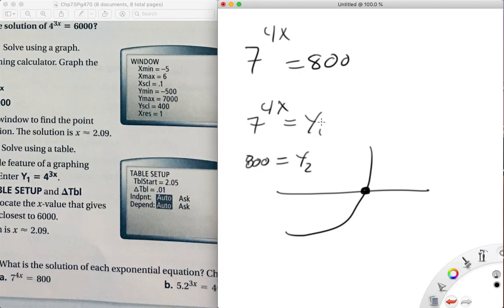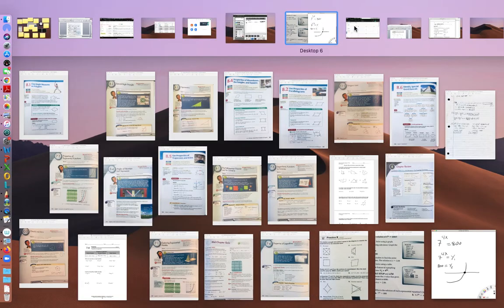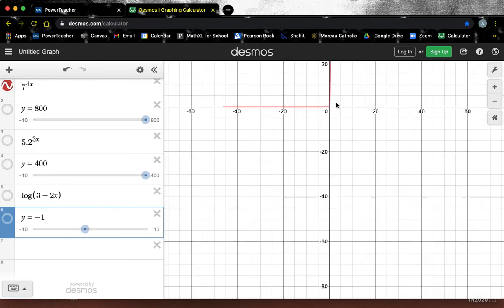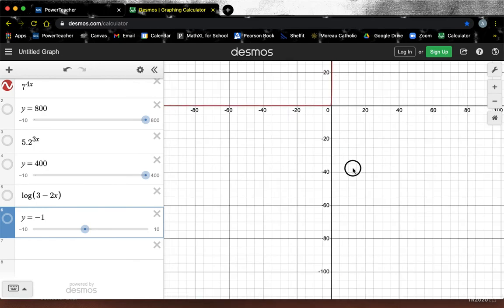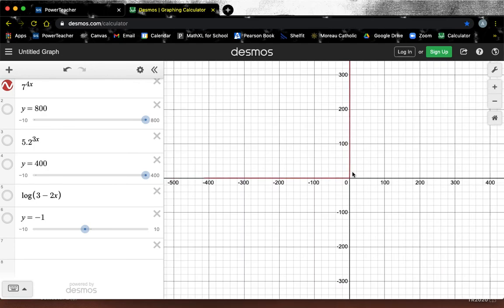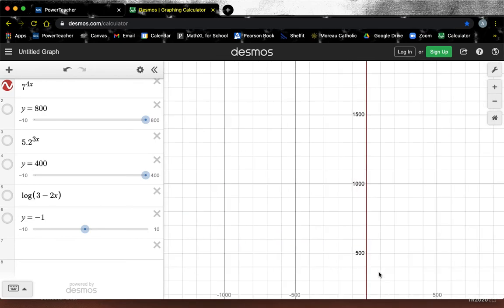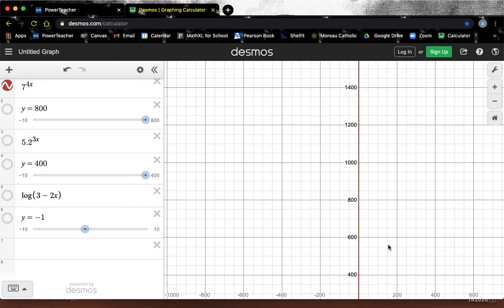So when I do that, I have y equals 7 to the 4x right here, and that says y equals 800. So let's go looking for 800. It's big. So you have y equals 800 right here.